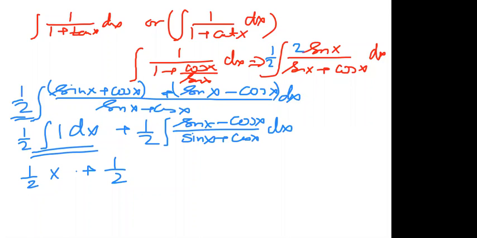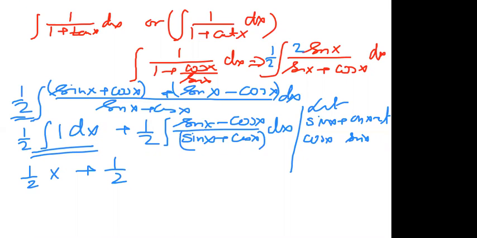Now in this we need to suppose this as t. Let sin x plus cos x equal t. So cos x minus sin x dx will be equal to dt. So it will become the integral of 1 upon t, and this will be minus, I need to take it common, so it will be minus dt.